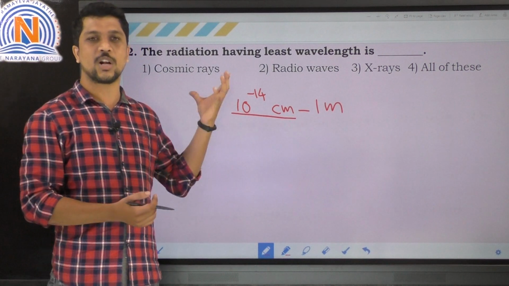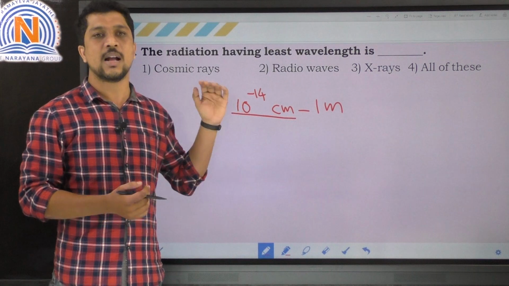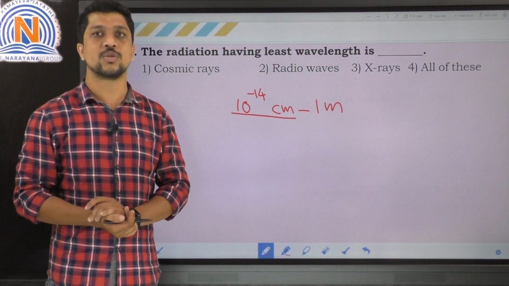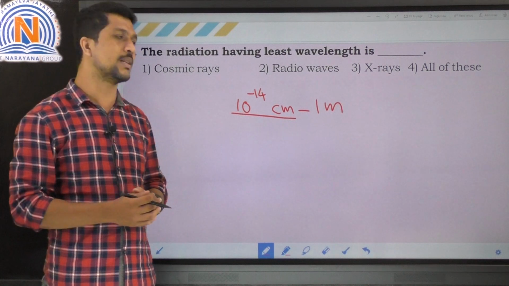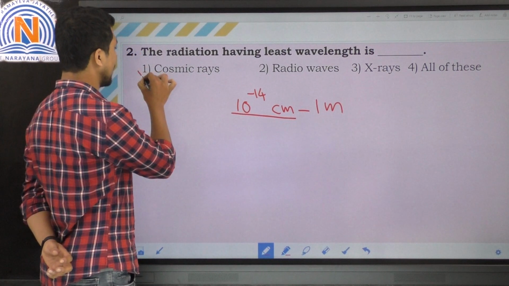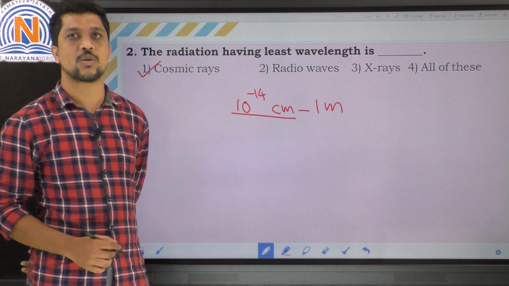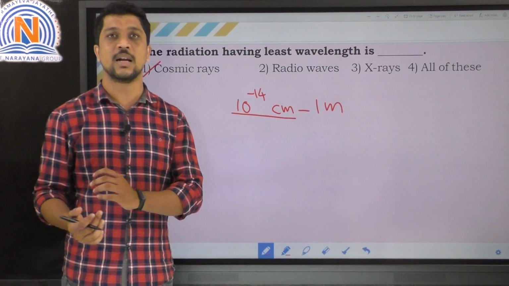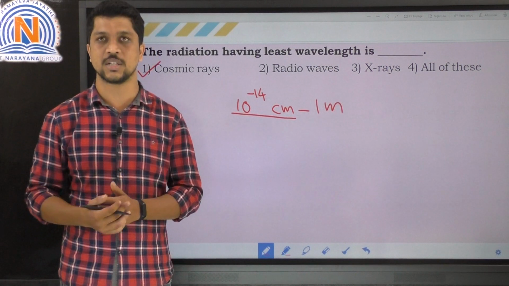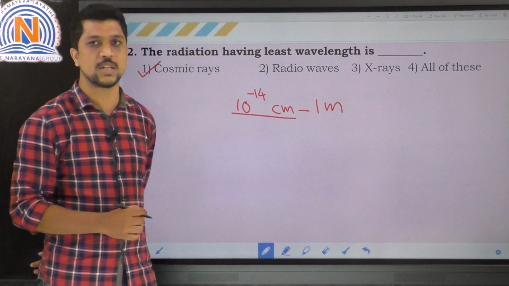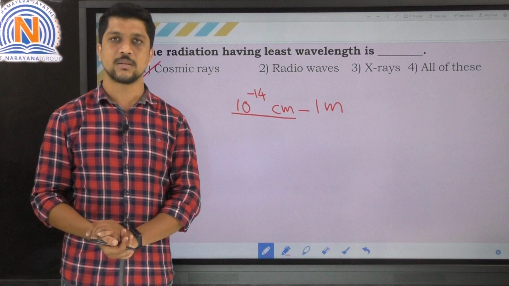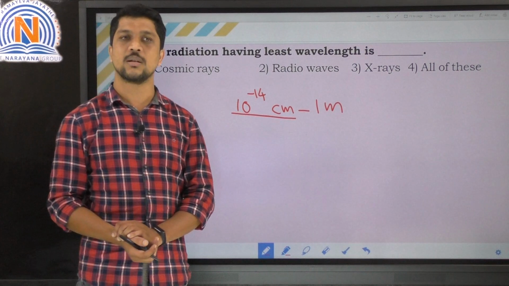Among the four options, the least wavelength radiation is cosmic rays. That is the first option. Cosmic rays have wavelength 10 power minus 14 centimeters. Clear? Let's move on to the next question.